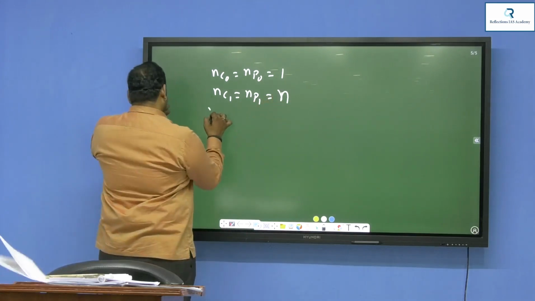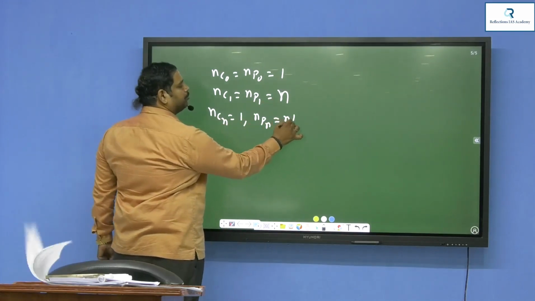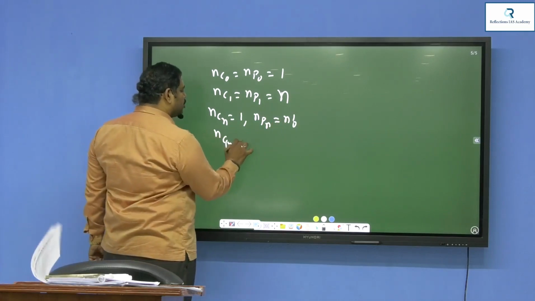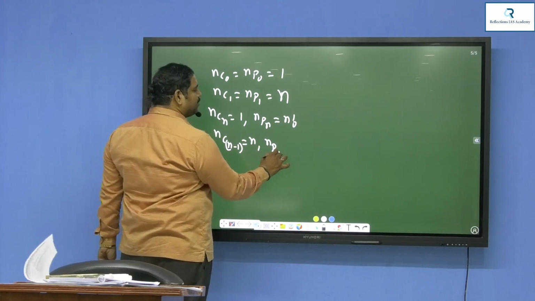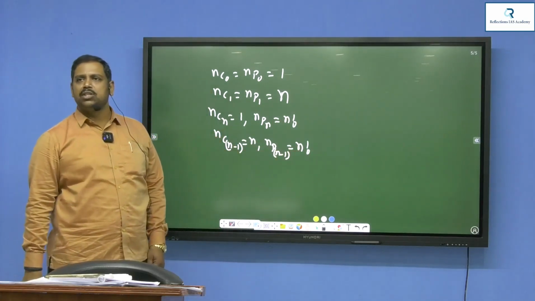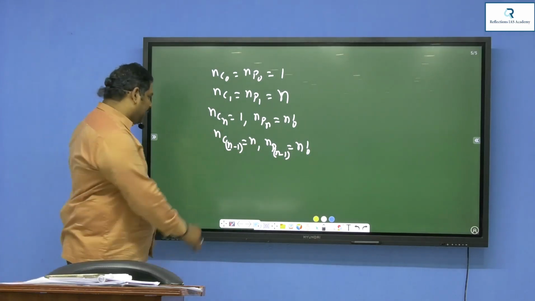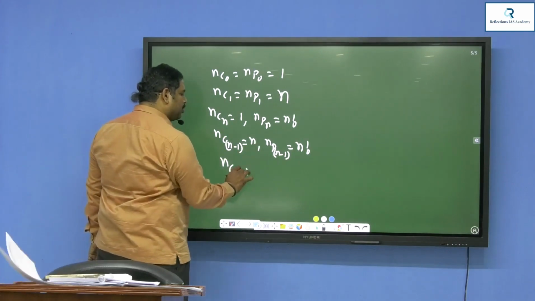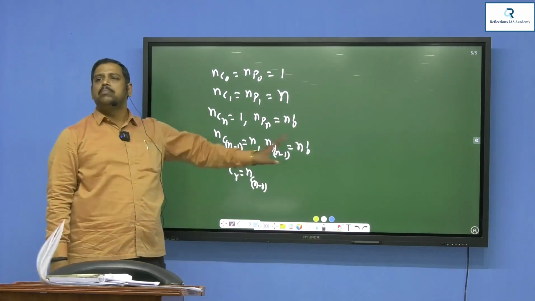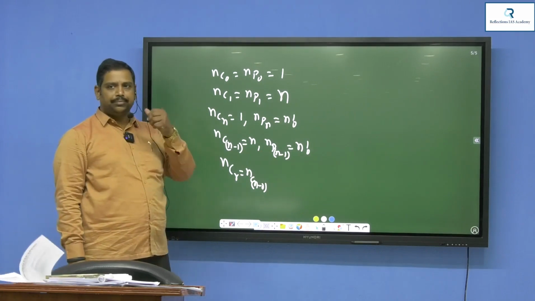The game changes at nCn, which is 1, but nPn is n factorial. nC(n minus 1) is n, whereas nP(n minus 1) is again n factorial. Hope you understand where you can make the mistakes. The rule nCr equals nC(n minus r) you can't say for P. Is it clear? Good.